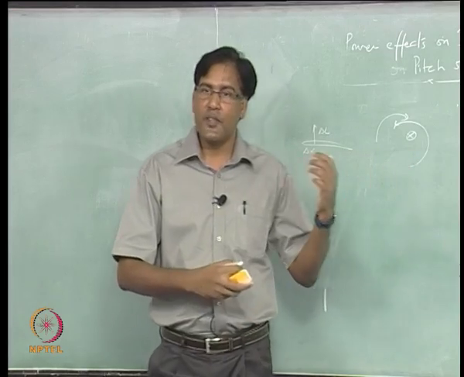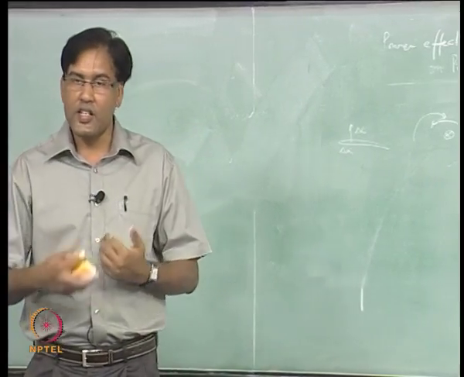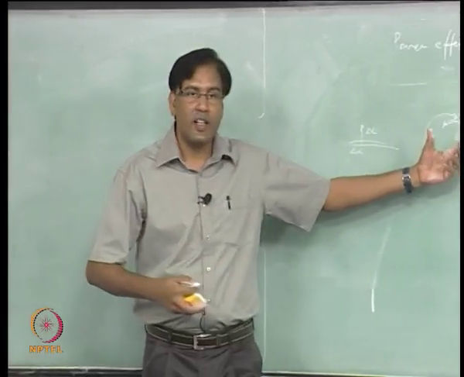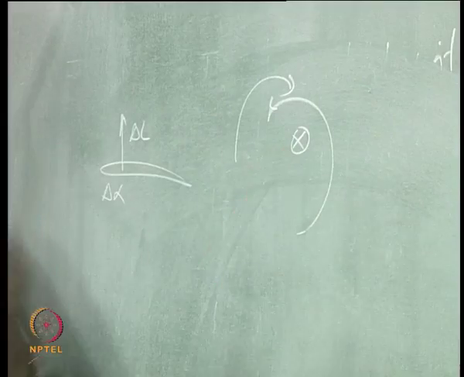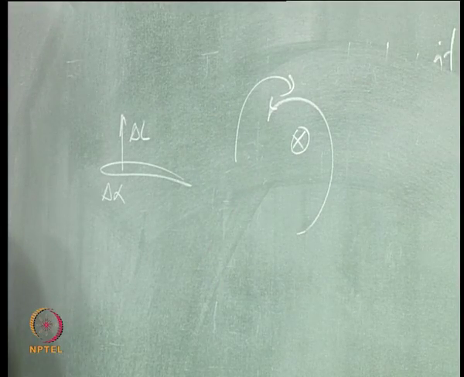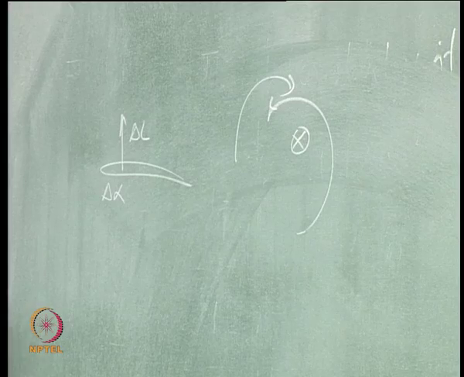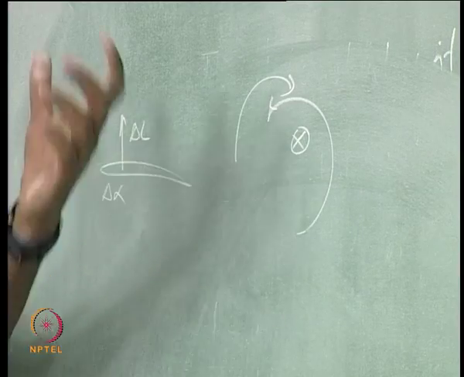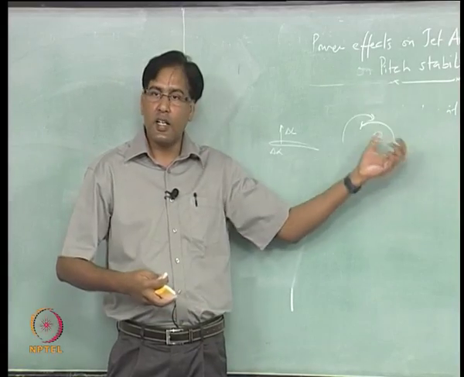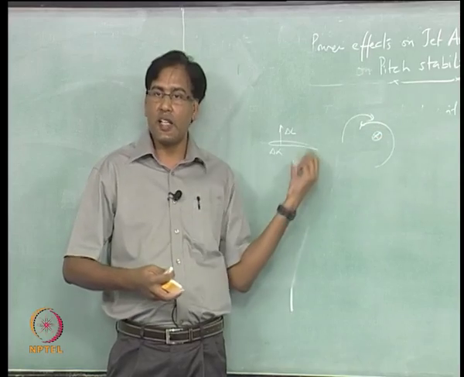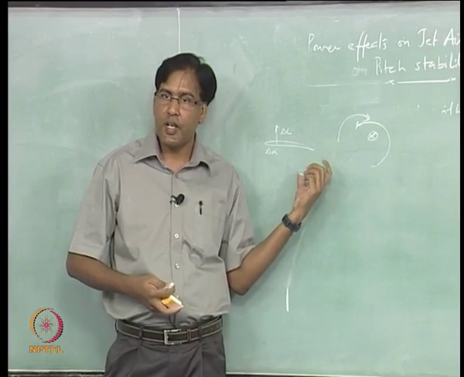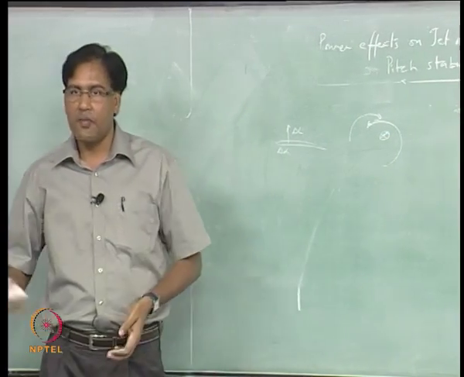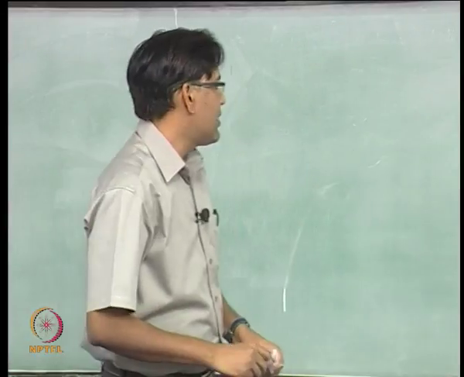We have only said that when you add the horizontal tail behind this wing, that is going to act as a stabilizer. We call it stabilizer because it actually produces an effect which is going to kill this delta alpha, and this delta alpha can come from anywhere, okay.